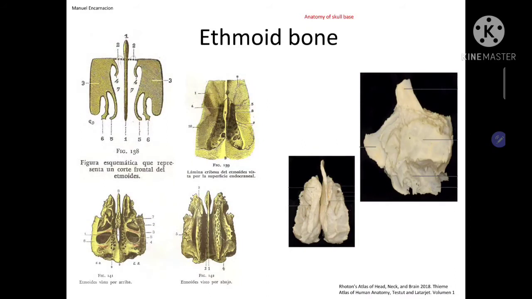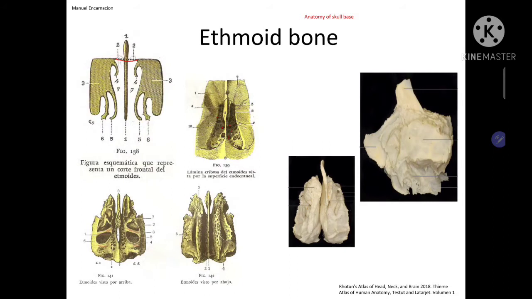So now we have this element, the horizontal plate. It's called cribrosa because it presents a large number of foramina through it.